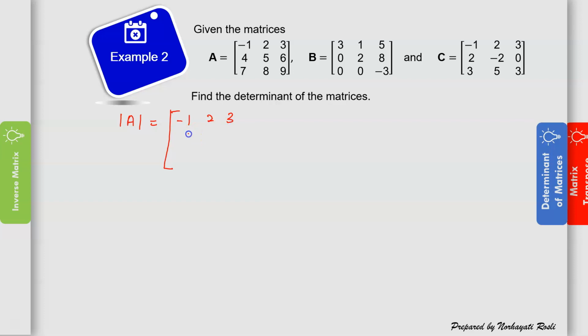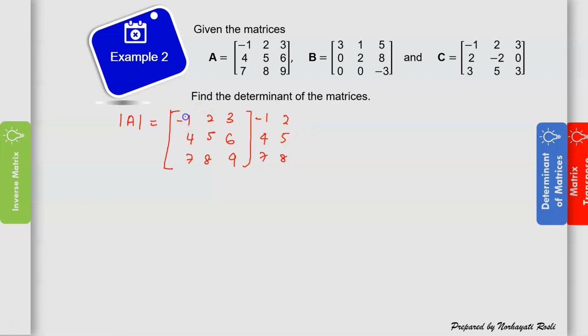1, 2, 3, 4, 5, 6, 7, 8, 9, and then we can add another two columns outside of this matrix, which is column number 1 and column number 2. In this case, we will have here additional columns, negative 1, 4, 7, 2, 5, 8.